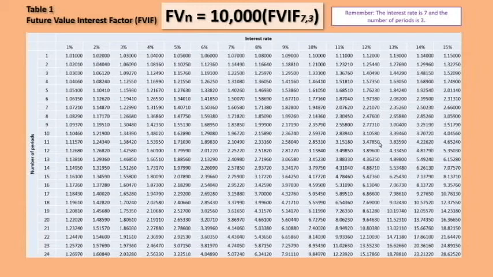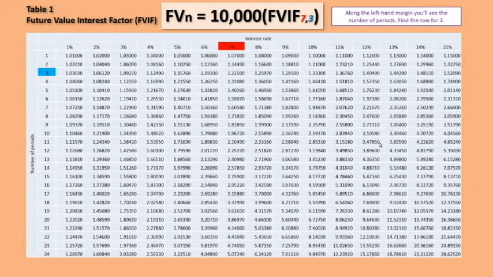The interest rate is 7%, and the number of periods is 3. So I've referenced that in the small box up at the top right. Now you see I've actually highlighted the 7% interest rate on the top line. I derived that from that formula. So you can see that's where we're going to start.